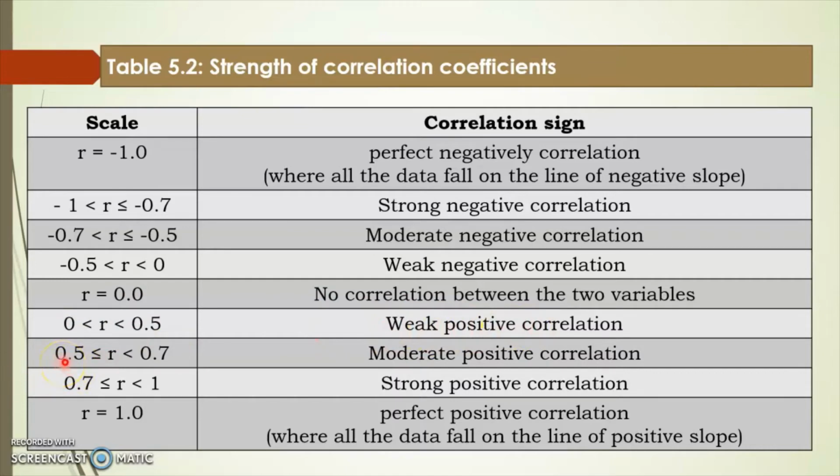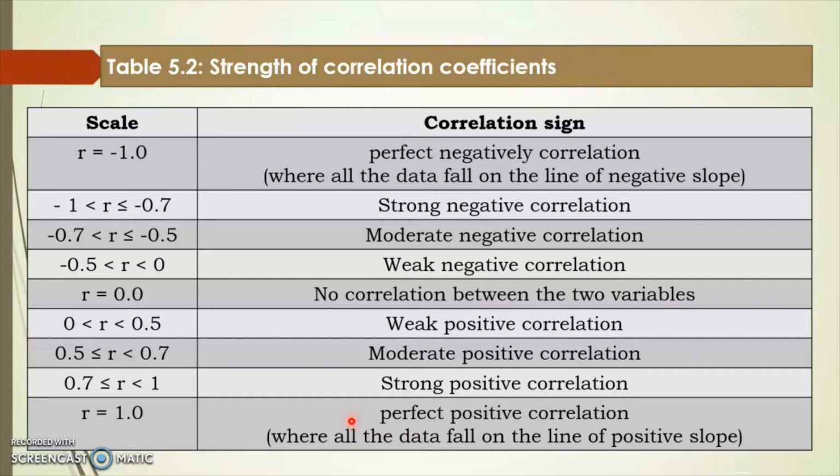Between positive 0.5 and positive 0.7, it's moderate positive correlation. Between positive 0.7 and positive 1, it has strong positive correlation. And if the calculated R is exactly 1.0, it means that your factor and response has perfect positive correlation.